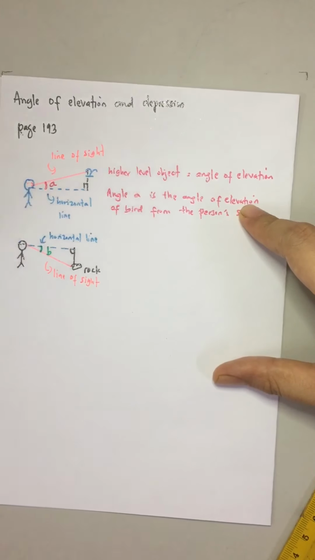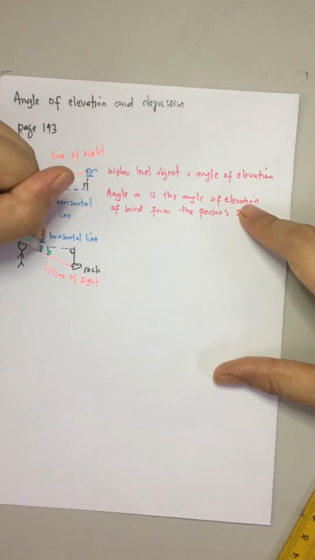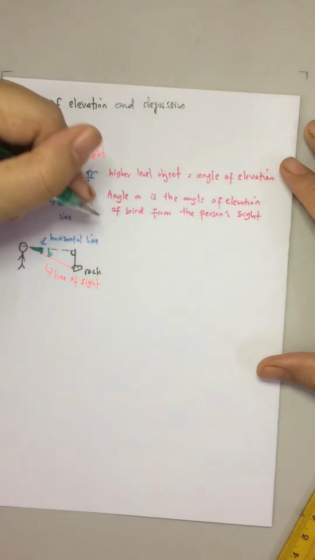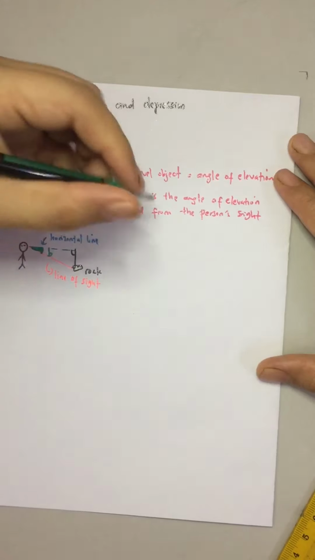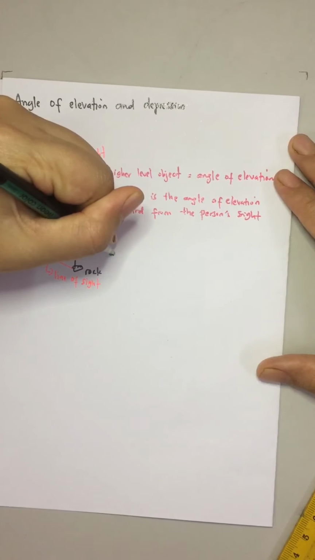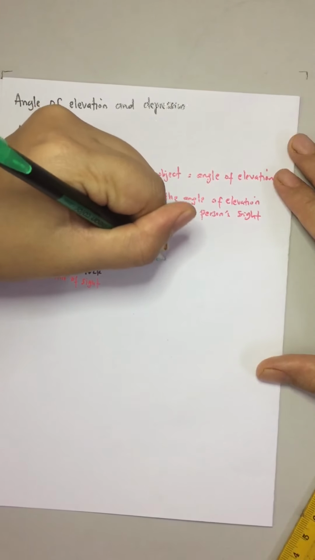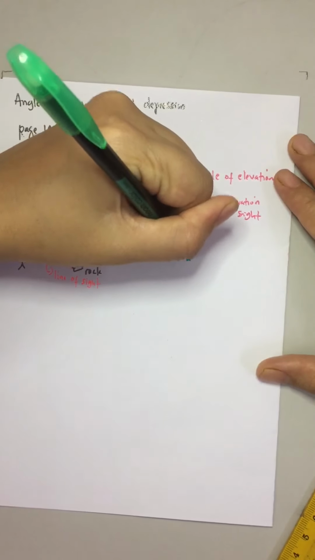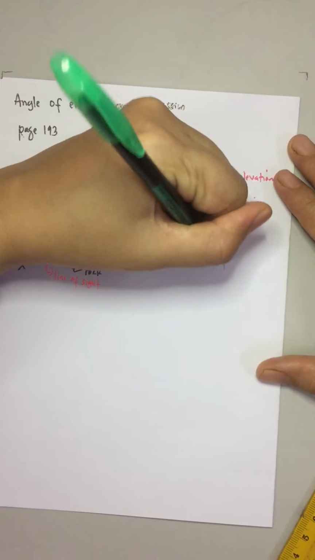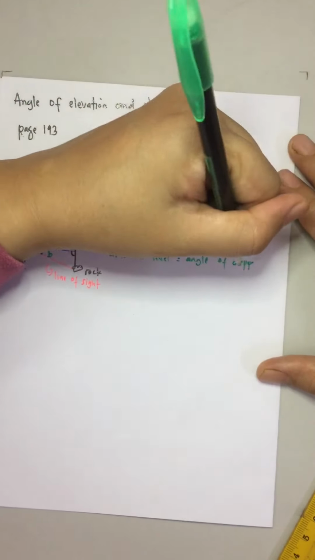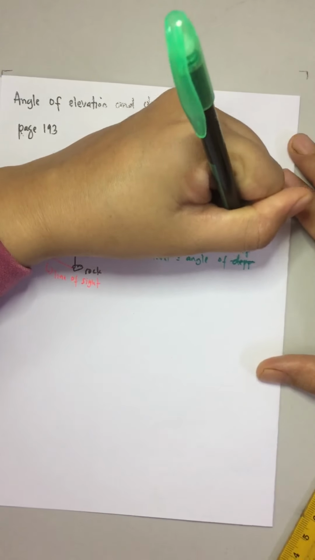So we name it as B. For angle of depression, an object at a lower level creates the angle of depression.